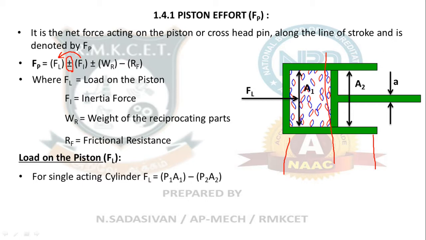If my piston is accelerating, what will the inertia do? We have already seen in the introduction to inertia that inertia always resists a change in state. If you are at rest, inertia will not let you move. If you are in motion, it will not let you stop.